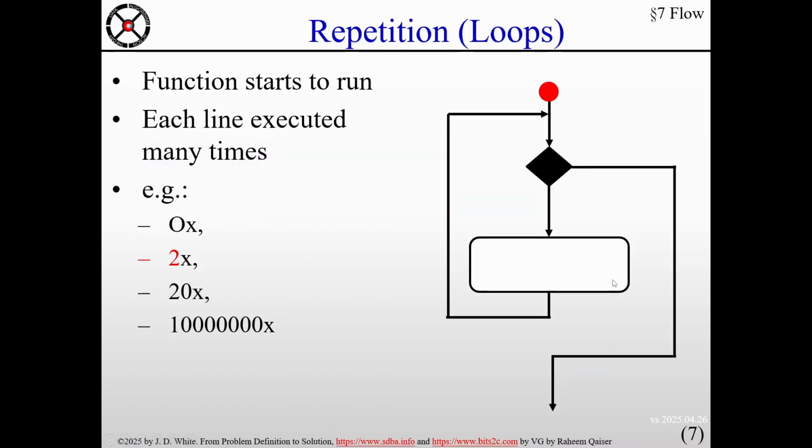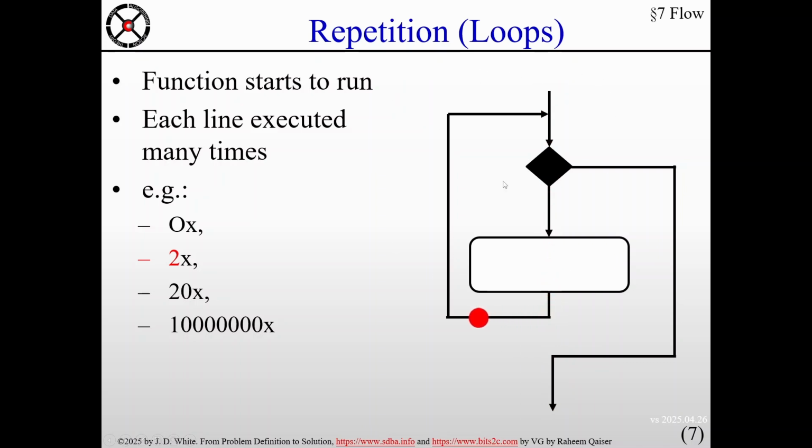The third structure we've looked at is repetition. Our function starts to run, and it starts to loop. Based on some condition, it runs through again, and then finally when the condition is false, it jumps out. As long as the condition is true, it keeps looping again and again.